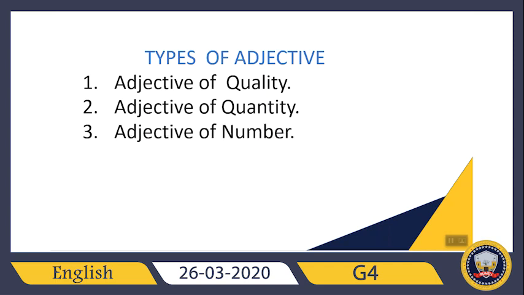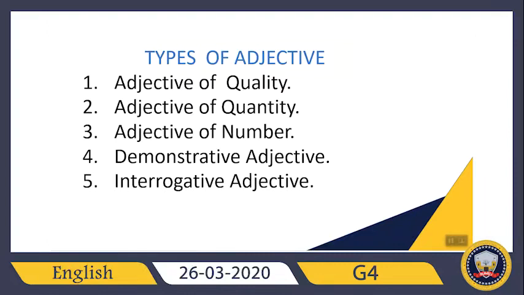And we also have adjective of what? Number. The adjective of number. The fourth one, demonstrative adjective. The fifth one, interrogative adjective. Hope you are taking note of this. Make sure you write them in your book and note them somewhere.